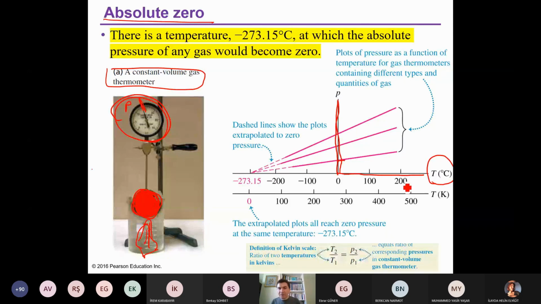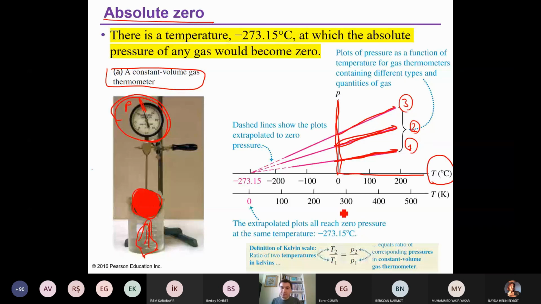What do you see? Pressure increases. Within this constant volume, the gas pressure increases. And here we have another type of gas, and they have also the same relation. If you increase the temperature, pressure of the gas increases.